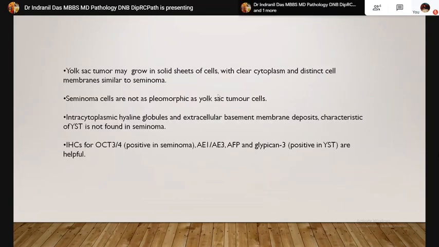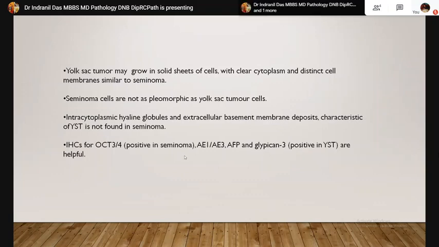A yolk sac tumor may also grow in solid sheets with clear cytoplasm and distinct cell membrane similar to seminoma, but seminoma cells are not as pleomorphic as yolk sac tumor cells. The intracytoplasmic hyaline globules are a characteristic feature of yolk sac tumor, and on IHC study, the yolk sac tumors are positive for glypican-3, alpha-fetoprotein, and pancytokeratin, and negative for OCT3/4, which is positive in seminoma.